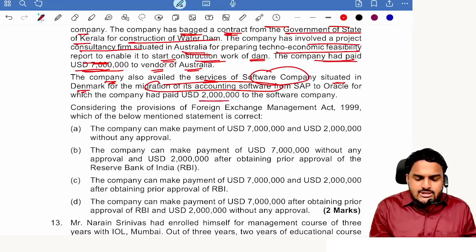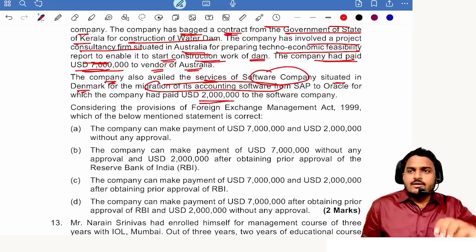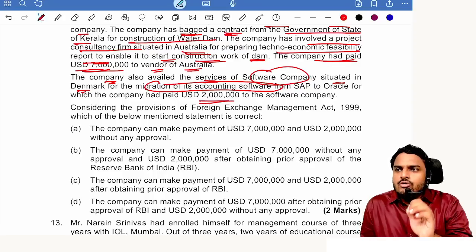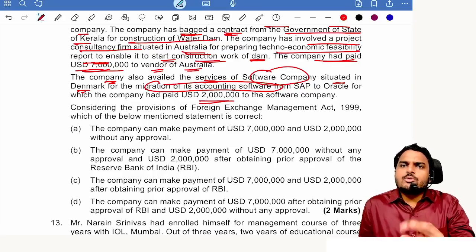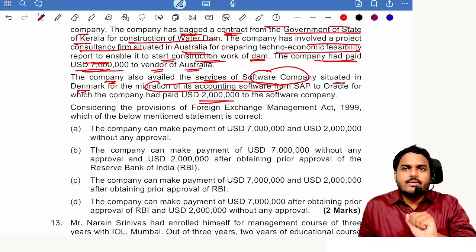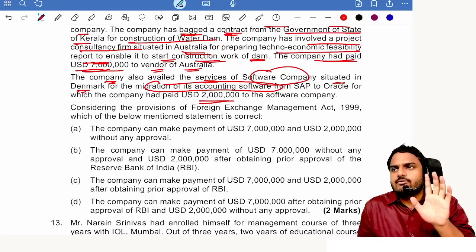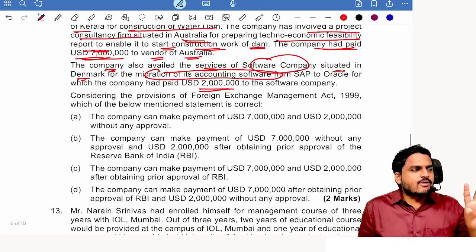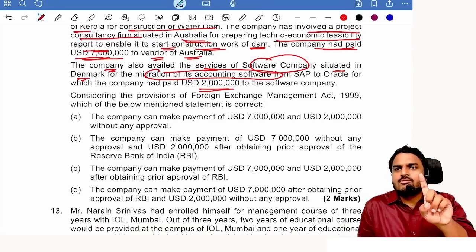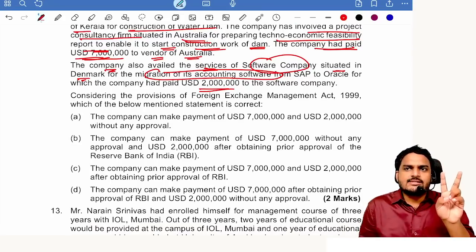And what is the amount mentioned here? 2 million USD. First tell me, remittance of 2 million USD, possible or not possible? Possible. But for that prior approval of RBI is required. So 2 transactions are there. One is for infra consultancy services, other one is accounting software consultancy services.